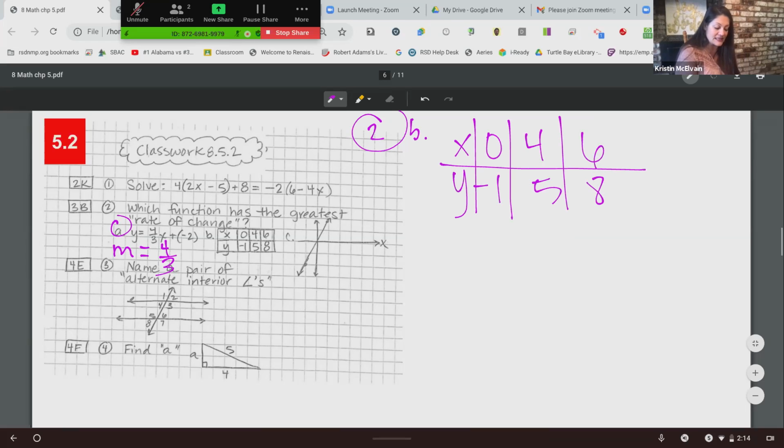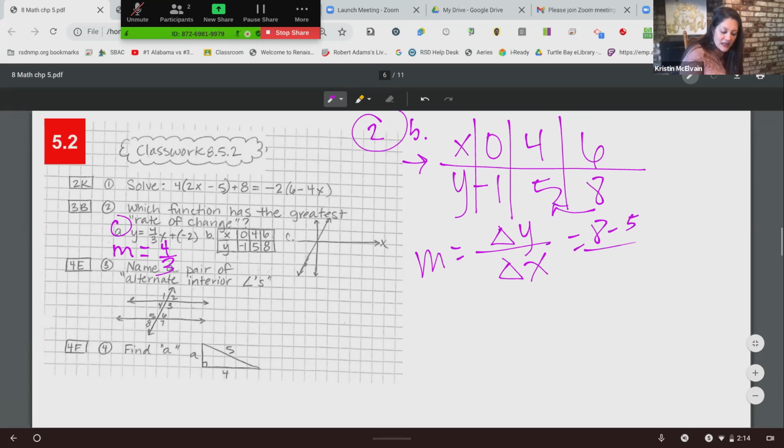So when we're looking at this, we want the change in Y over the change in X. And I write that every time because this XY table has the X on top, but it's always the rise over the run. Okay, so our change in Y, let's go 8 minus 5, so y minus y over x minus x, 6 minus 4, and that's going to give us 3 over 2.